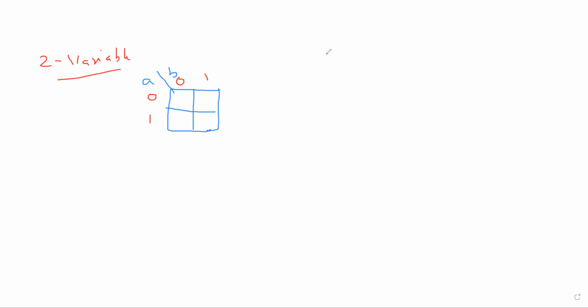Now here is an important point you have to observe: in the K-map, Gray code is used.